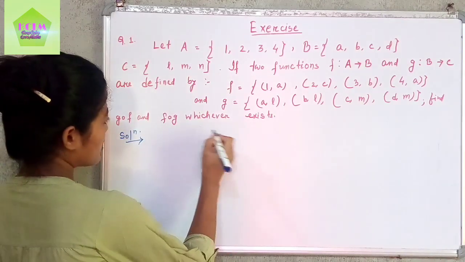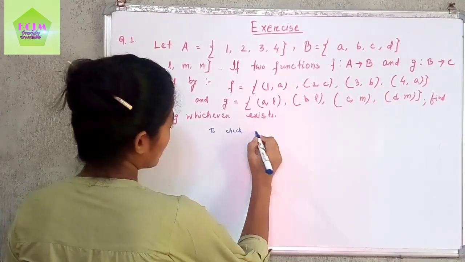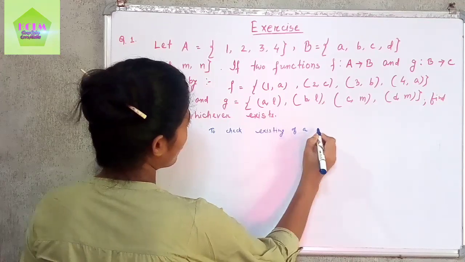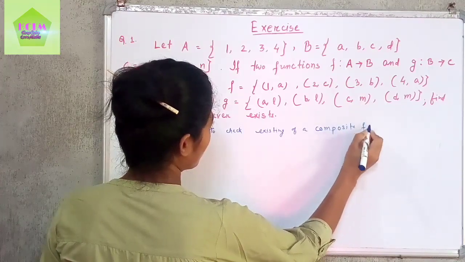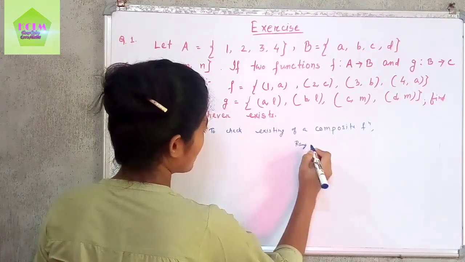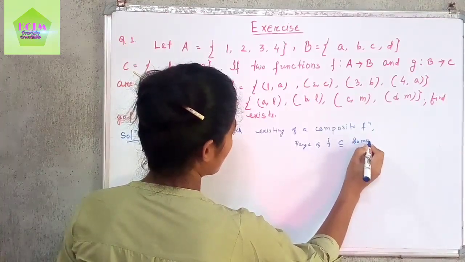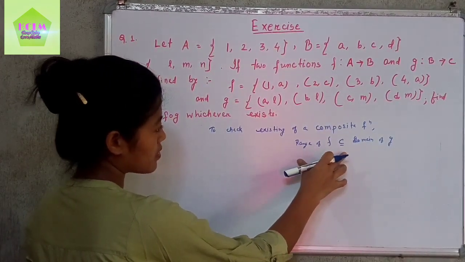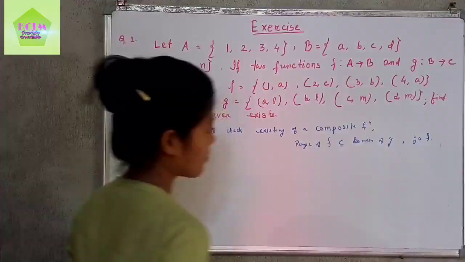we all know that to check the existence of a composite function, we need to check whether the range of f is a subset of the domain of g. Whenever the range of f is a subset of the domain of g, then the composite function g∘f exists.